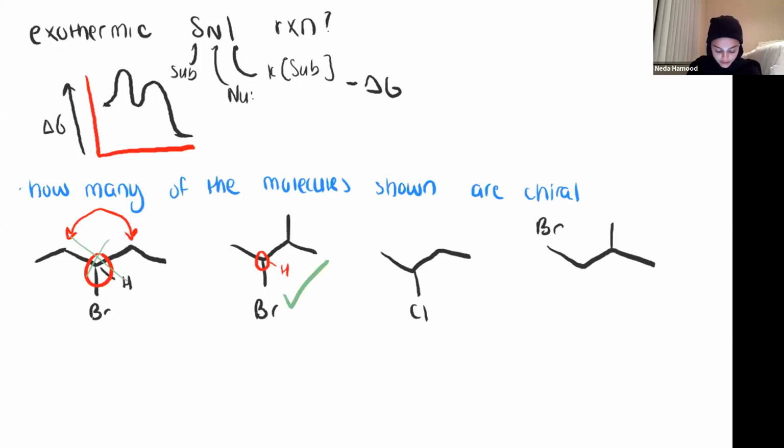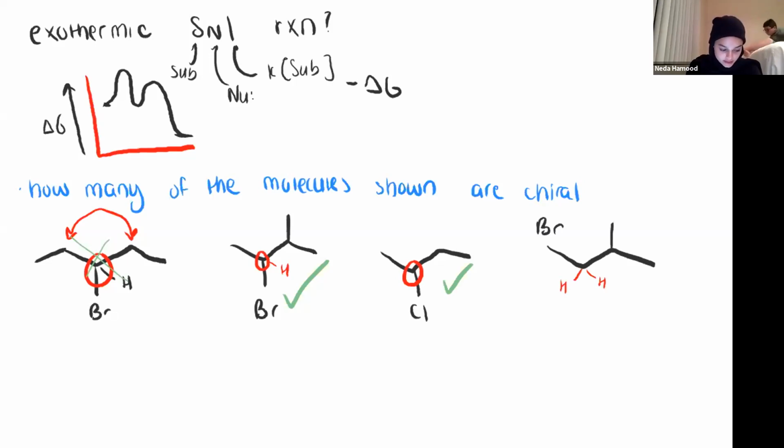Next one, it's kind of the same thing as the one that we just saw. So this one right here is a chiral center. So that one is good. And then over here, this one is connected to two hydrogens, so that's not going to work.